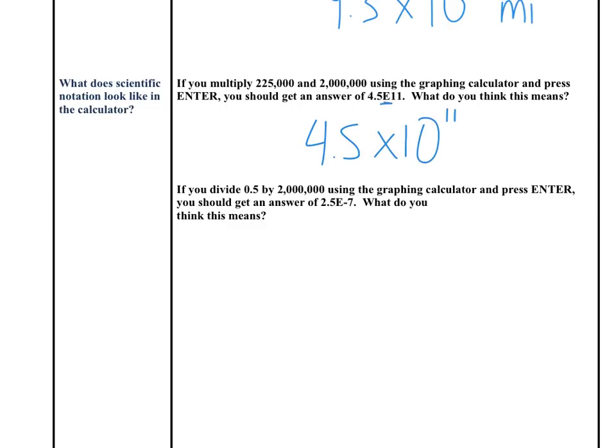So the E stands for scientific notation, but I like to think of the E as the exponent because it gave us the exponent 11 for the scientific notation answer. So then the next one, if you divide 0.5 by 2 million using our calculator and push enter, you get 2.5E negative 7. That would mean 2.5 times 10, and the exponent is negative 7.